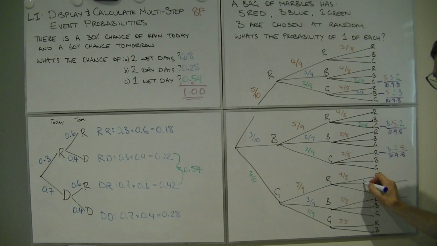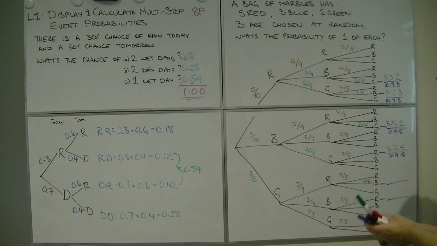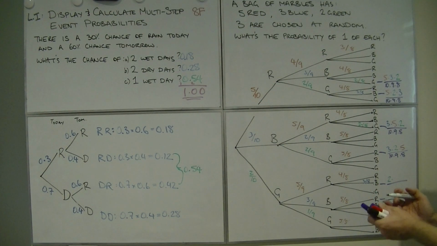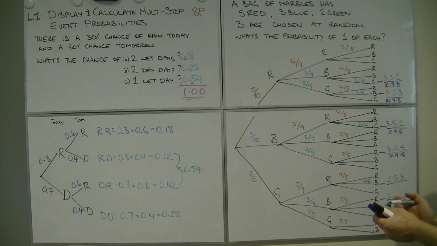This is 3 out of 8. So what colour do we start with? Green. 2 by 5 by 3. And last, 2 by 3 by 5.